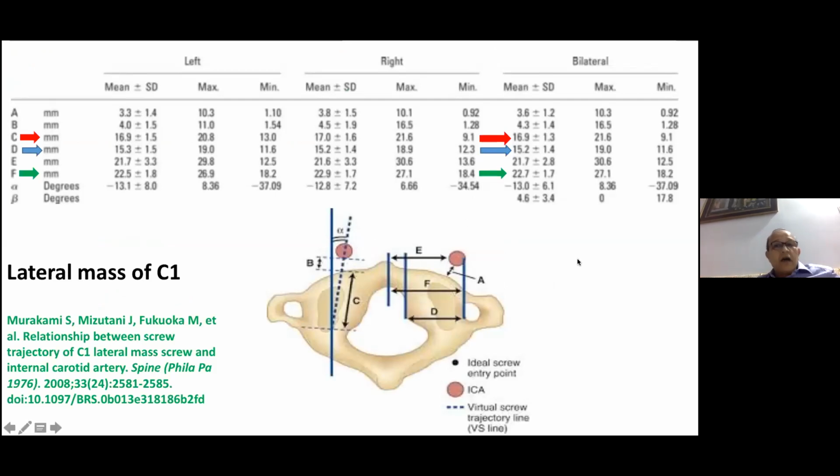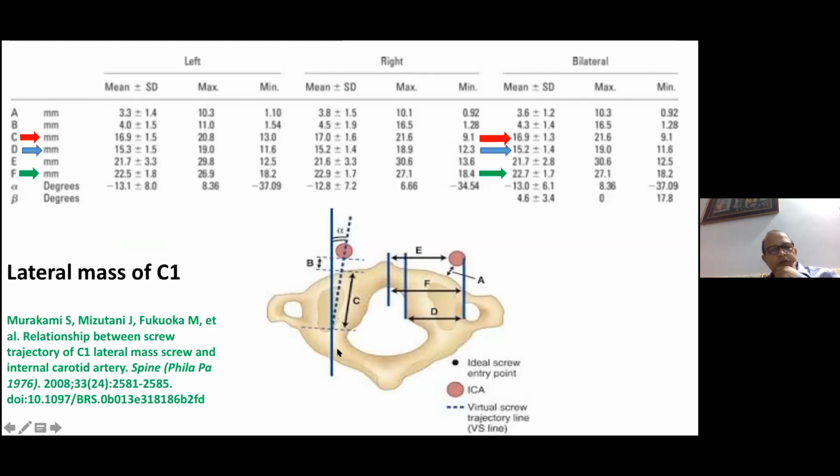Then, how are the anatomical studies done by the previous authors helpful to you? You can find out how much is the length of the lateral mass, and how long a screw you need to put in. The average length of the lateral mass of C1 is about 17 millimeter. So that means you can put in a 17 or 18 or 19 millimeter screw.